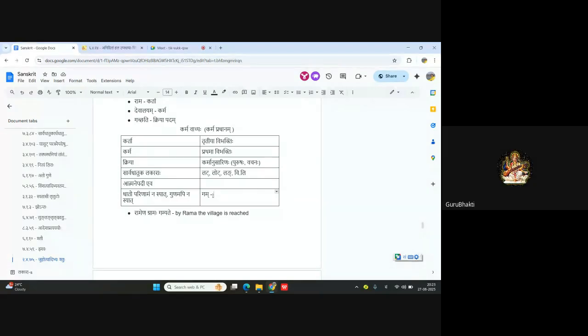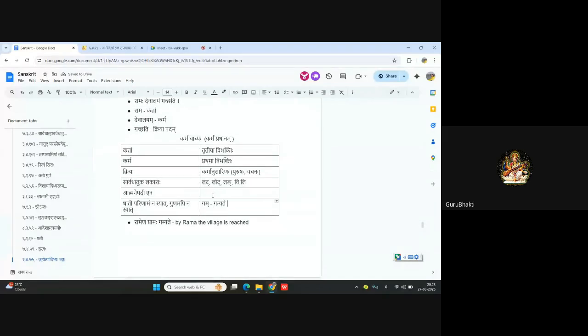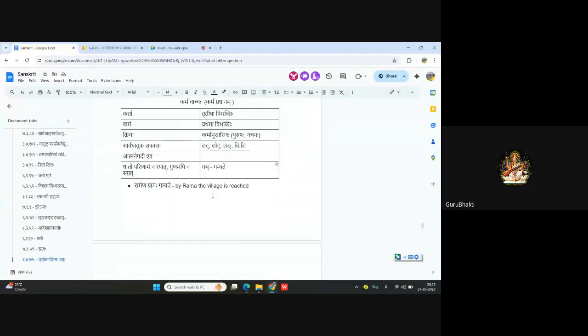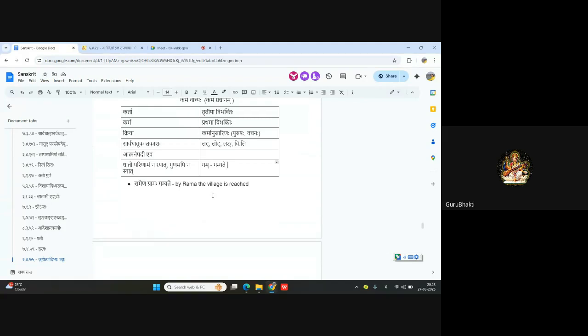So in Karma Vachya and Bhava Vachya, we are not going to change the dhatu. We are using the dhatu as it is, gam as gam only. The form will be gamyate. Is this point clear? Yes.